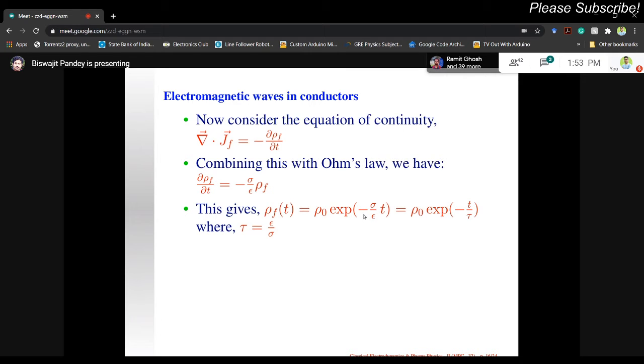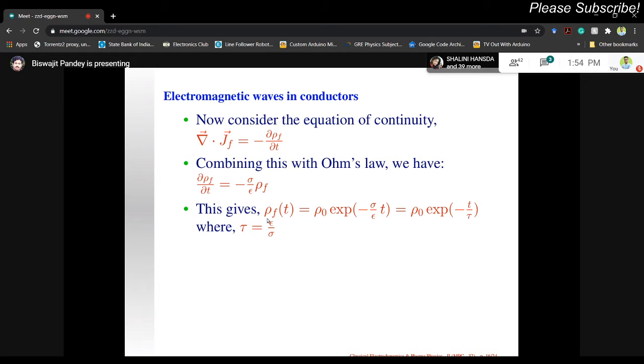It's saying that the free charge density will decay with time. Now, how fast? That depends on the values of sigma and epsilon. You can recast this as minus t by tau, where tau is nothing but epsilon by sigma. And this value of tau decides how fast the free charge density will decay in a particular metal.